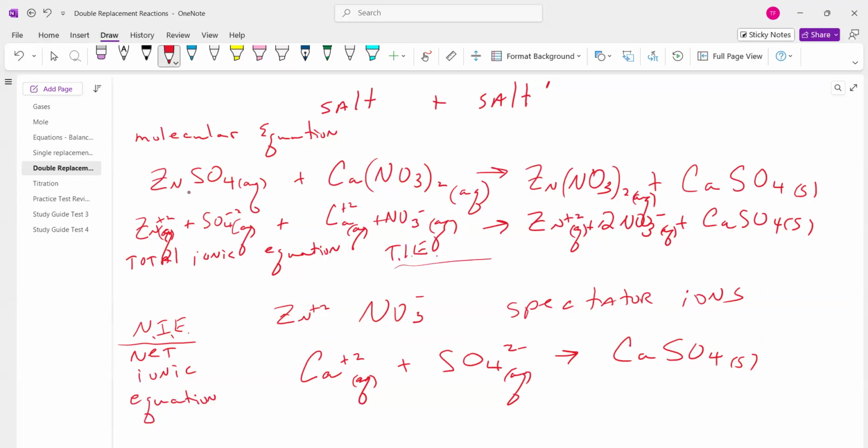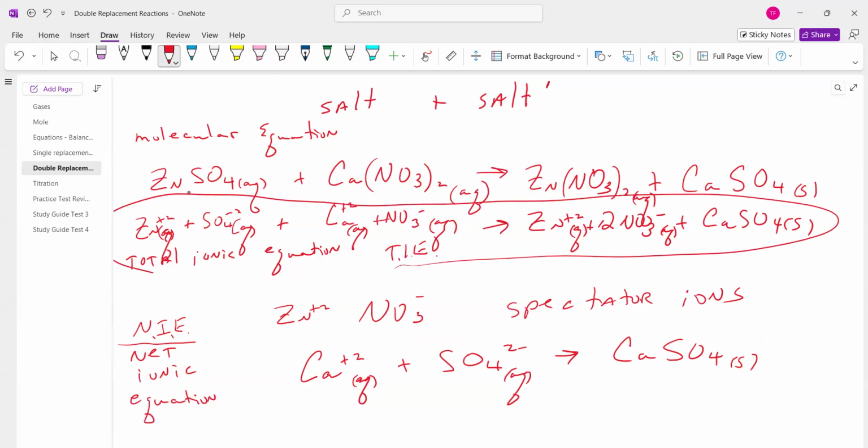So again, just know that exists. The reason I do that is I want you to focus on either the rules or the table, what happens when we mix stuff together. You get new combinations, and the new combinations could sometimes mean a solid.